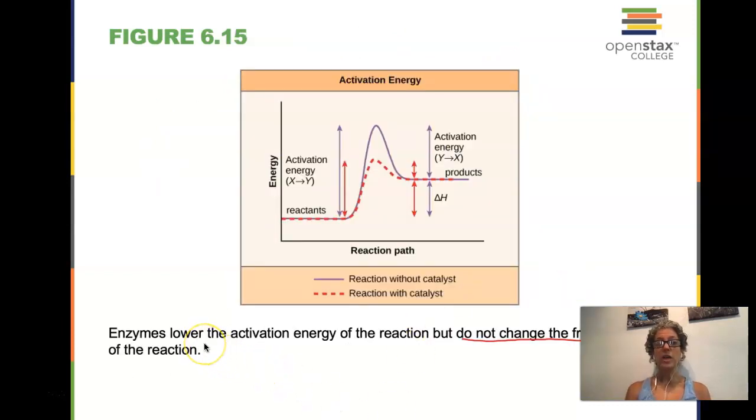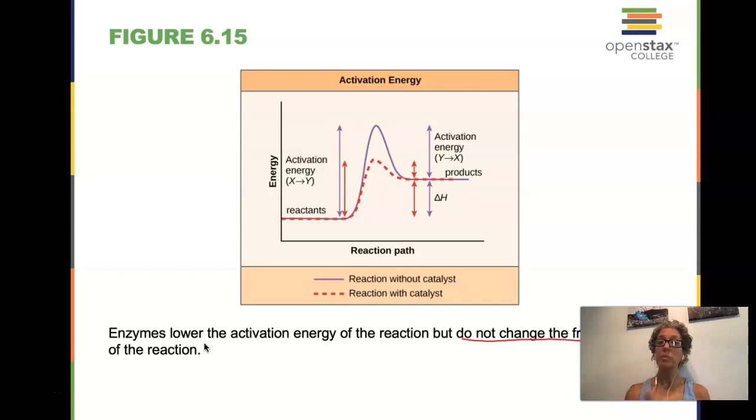Those enzymes that I mentioned that can lower that activation energy provide a surface. They are not a reactant. They are not a product. They are the surface that allows the reactants to come into the correct position so they can interact to create the products.